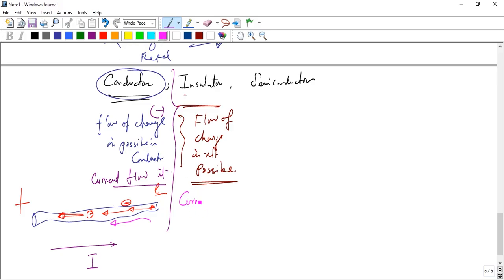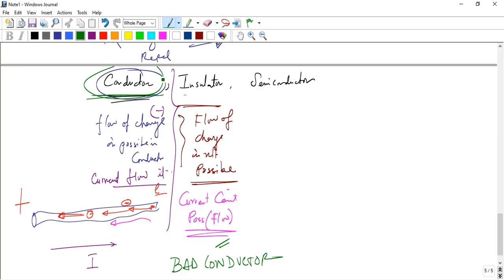Current cannot pass or flow. It is a bad conductor. Conductors conduct charges from one point to another point.